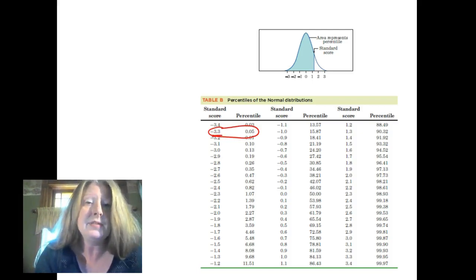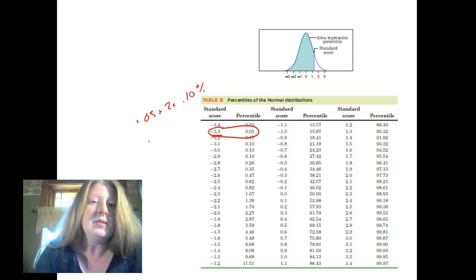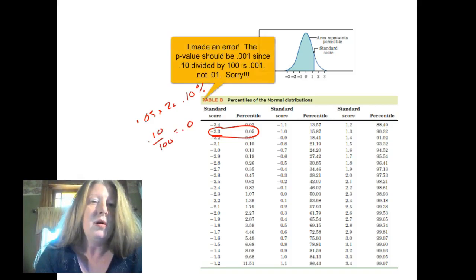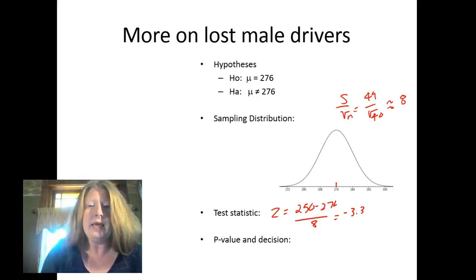Because we have a negative z, we take this number and multiply it by 2. That gives us 0.10%. We divide by 100 to get 0.01, not a percent. So our p-value, our probability, is 0.01.